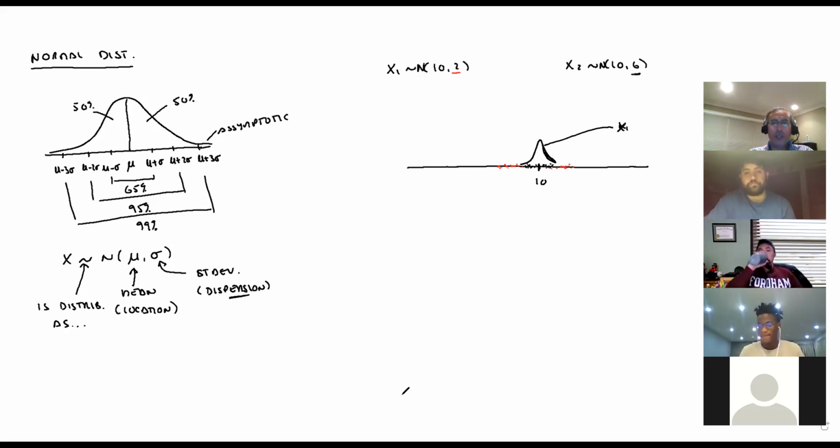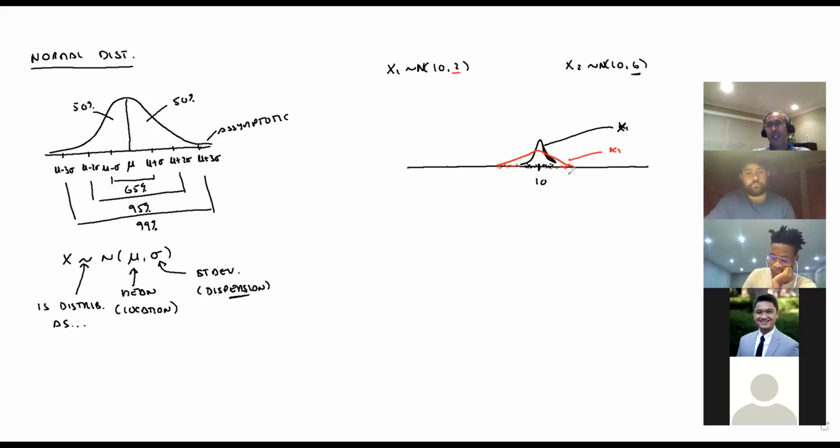And the other one should be something like that. So this should be x2. Make sense? The more the dispersion, the wider the distribution. Less peaked, wider and wider. Right? So you just imagine with these two parameters, guys, you can imagine everything.